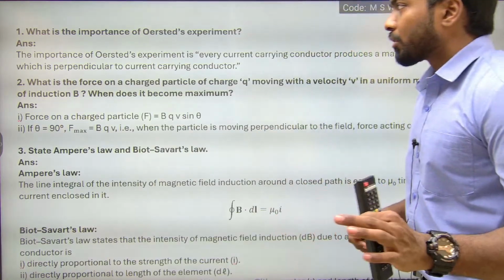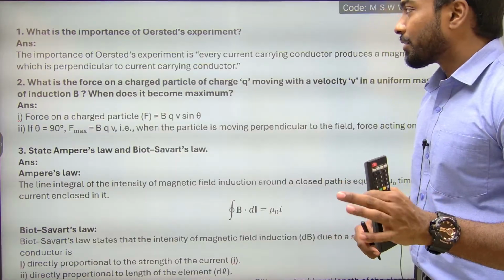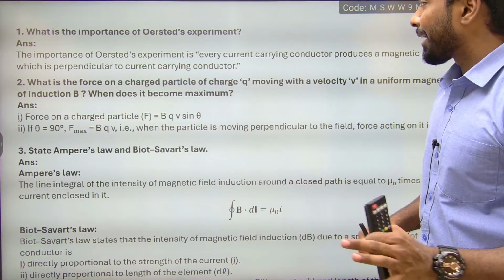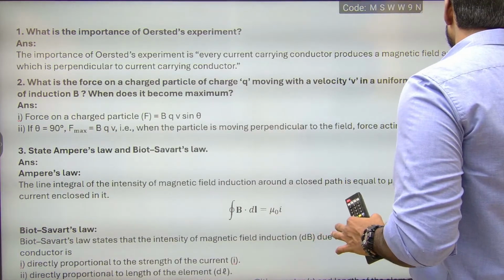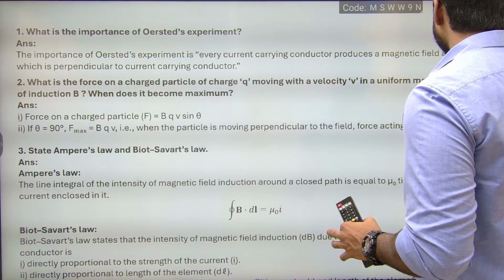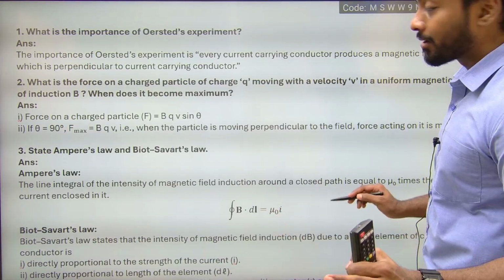The importance of Oersted's experiments is that every current carrying conductor produces a magnetic field.